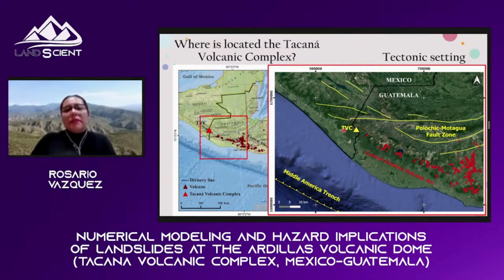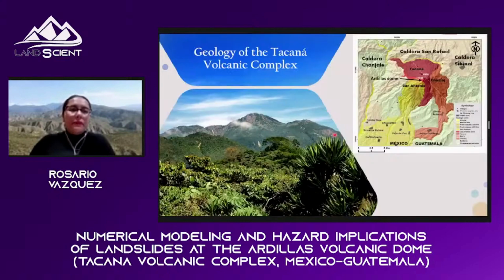And this is where we can find the Tacaná Volcanic Complex. So these two are important features that could lead eventually not only to a future volcanic eruption in the near future, but also to the formation of landslides.